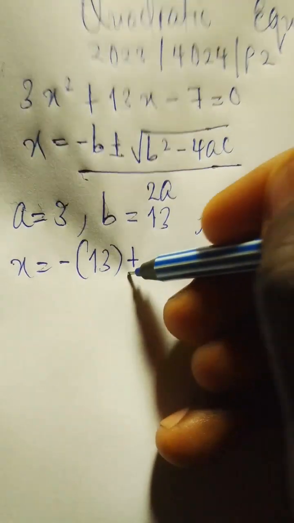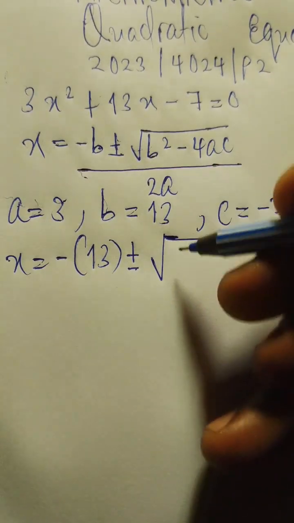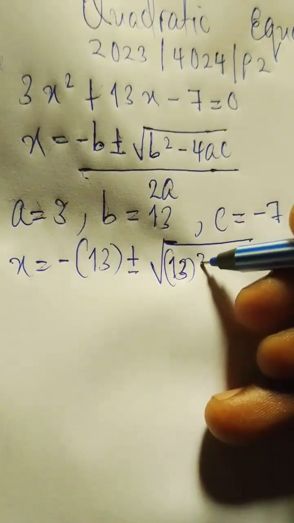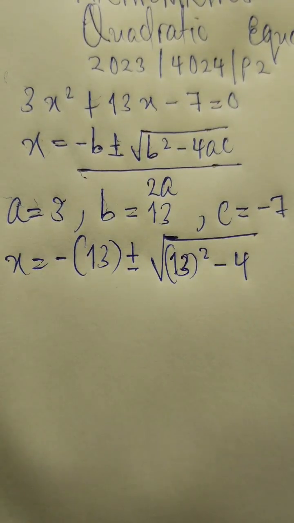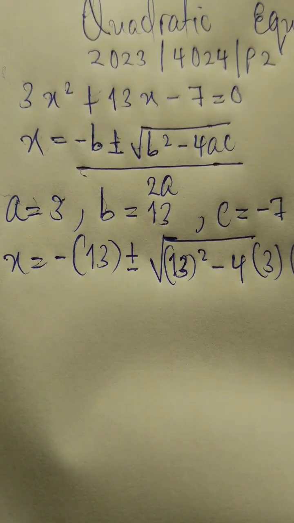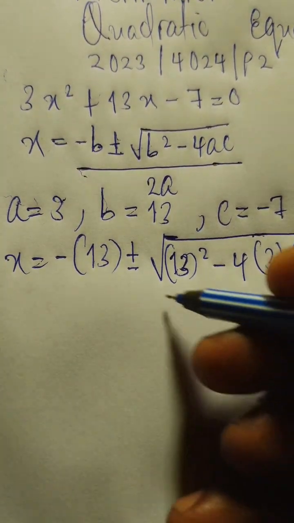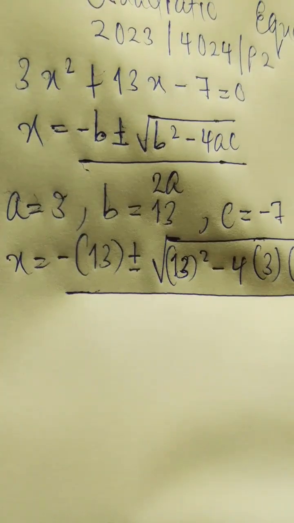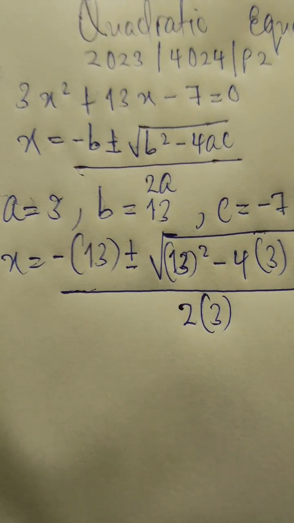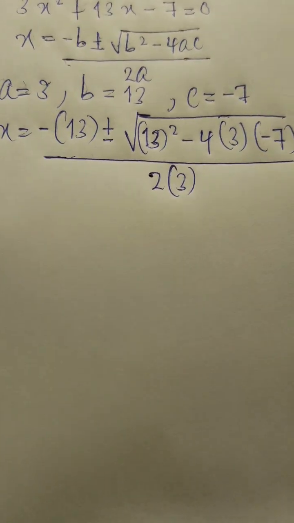Then positive or negative square root of b squared, that is 13 squared, minus 4, where there is a, we substitute 3, where there is c, we substitute negative 7. Then this entire expression is over 2a. Our a is 3. So we've done the substitution.